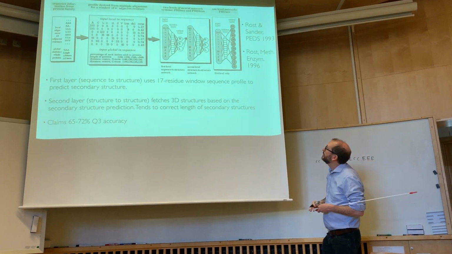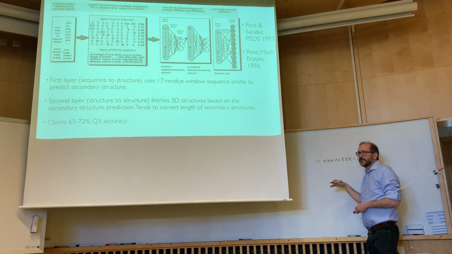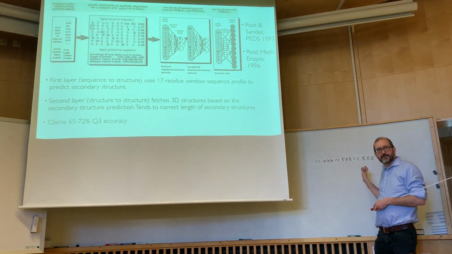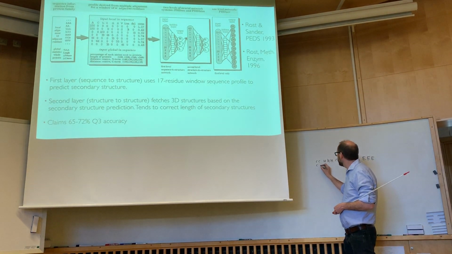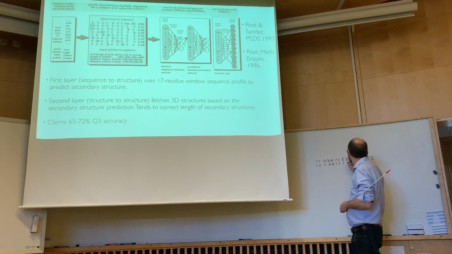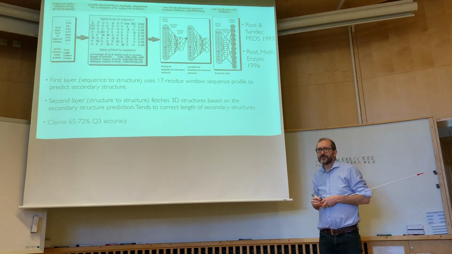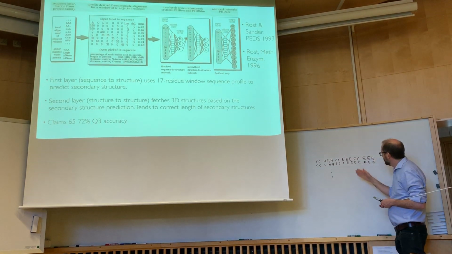And then it goes and searches the PDB, and it comes back with a whole bunch of sequences expressed as sequences of secondary structure, right? So I might say, oh, I found something that looked kind of like this, maybe a little bit shifted. But it gets a whole bunch of these. And what it's doing is that it looks at the context.